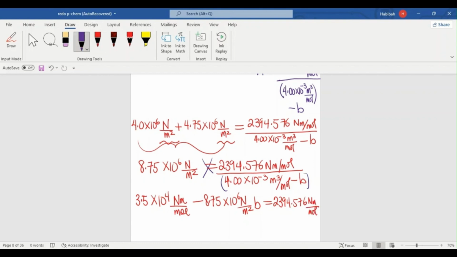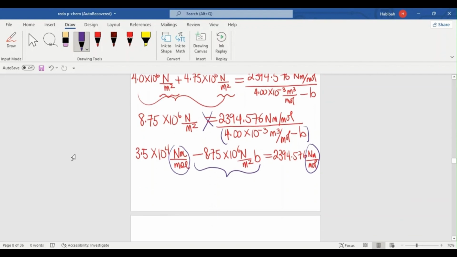Of course, because this one has the value of B, we're going to isolate it from this other information. We also have Newton meter per mole here and Newton meter per mole here. We can just do the addition, or group them together.